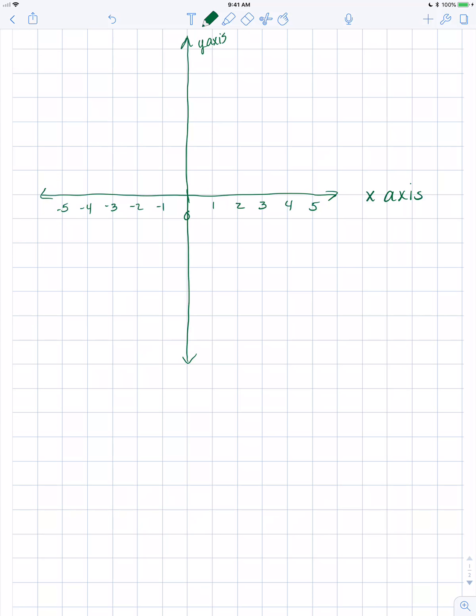And just like the number line, if this is at our point 0, then we can count up, which would be our positive numbers going up. And then our negative numbers would go down or away from that 0. And so this is called the coordinate grid or coordinate plane.